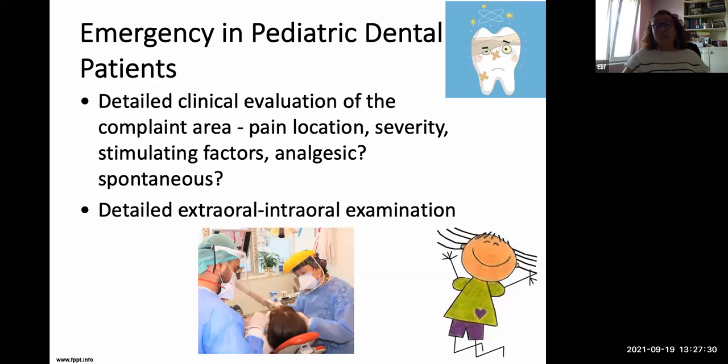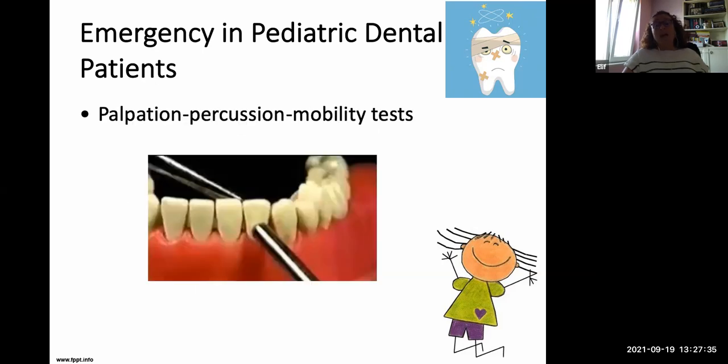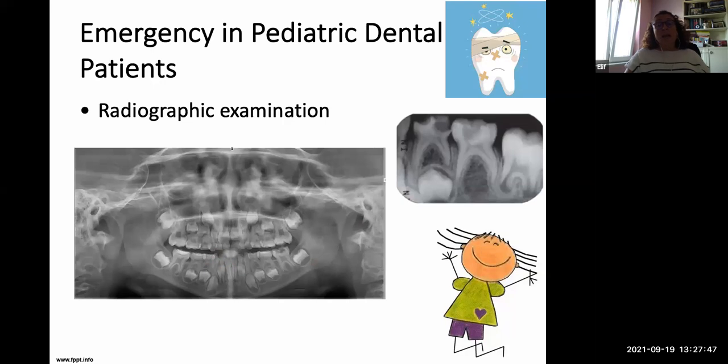And then we have to make a detailed intraoral and extraoral examination. While examining the tooth with the chief complaint, we have to make palpation, percussion, and mobility tests in order to further diagnose the situation. Radiographical examination is also an important aspect of the examination. First, we have to take periapical radiographs or panoramic radiographs, or sometimes dental volumetric tomographies if needed.